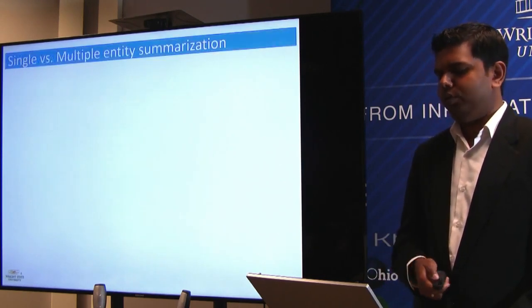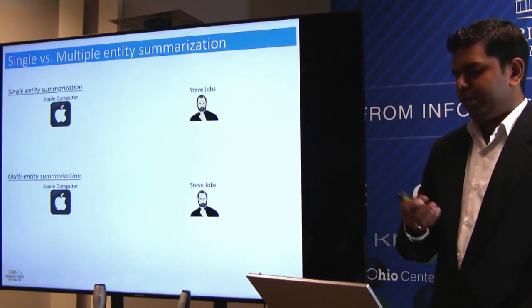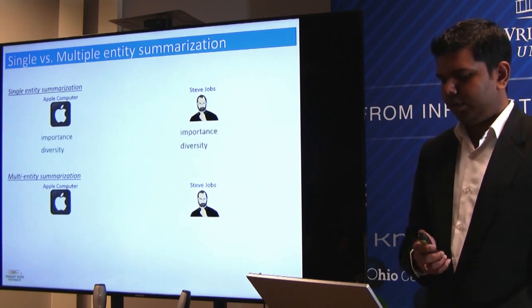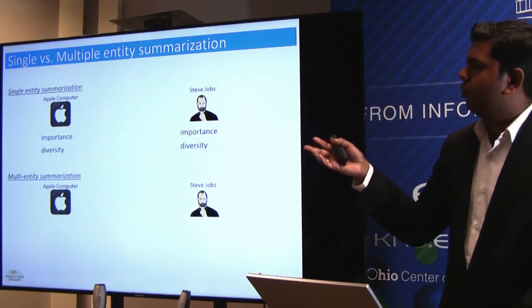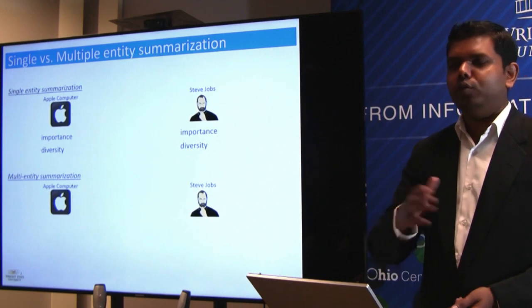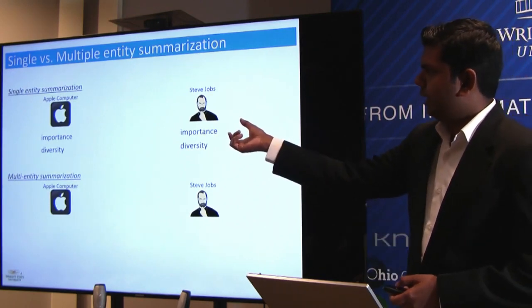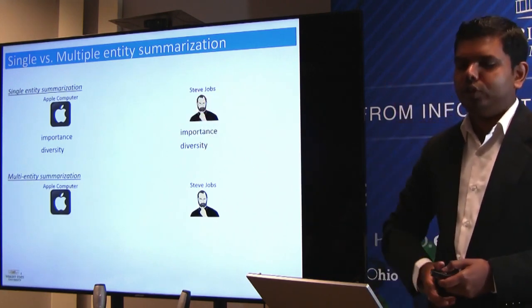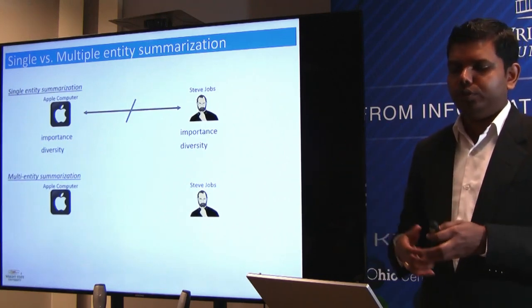What I want to emphasize is, if I take Apple computers and Steve Jobs, and we try to improve the quality of importance of features and diversity as we have looked at in the first two approaches, since they generate the summary independently for Apple computers and Steve Jobs, it won't be able to see matching things to represent both of them.